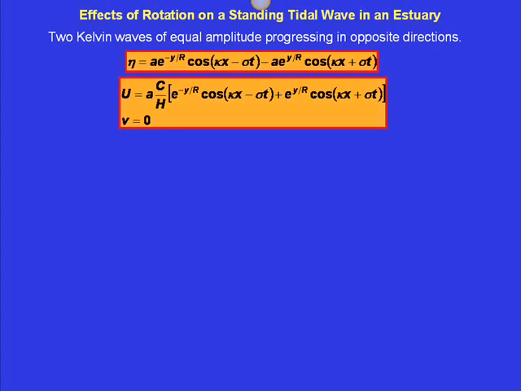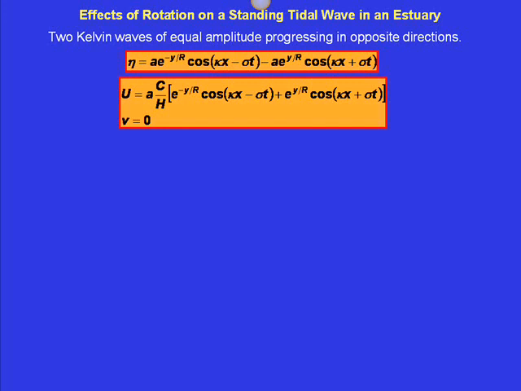So the valuable thing about this, and for any plane wave, is that with the amplitude of the wave and the depth of the water column, you can get an approximate estimate of how strong the current will be. And this works very well in natural systems, a simple model like this. So say for a tidal wave of amplitude 1 meter, over 10 meters depth, what's c? c is the square root of 100, which would be around 10.